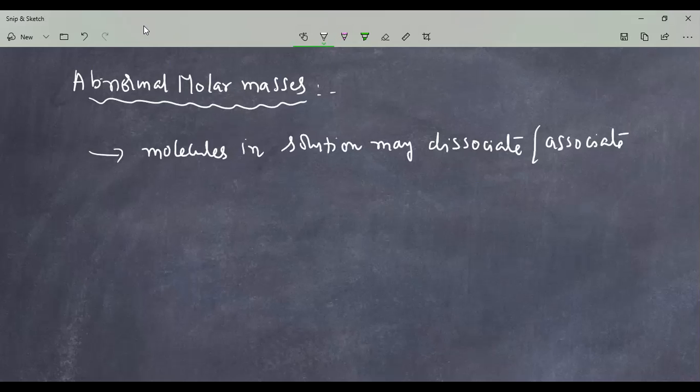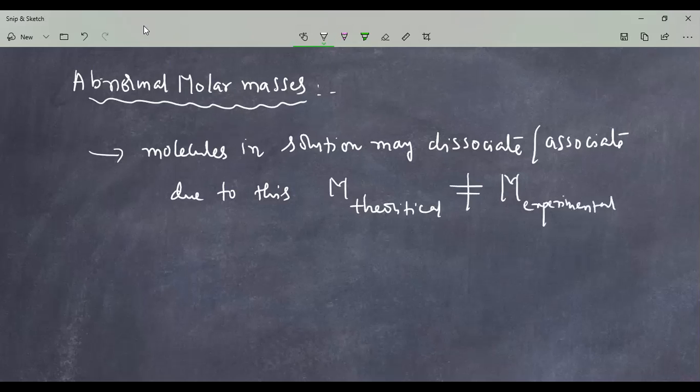Due to this, the theoretical molar mass may not be equal to the experimental molar mass. This kind of situation arises because of that.